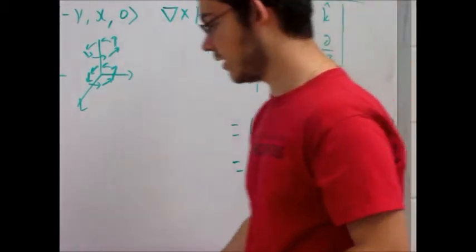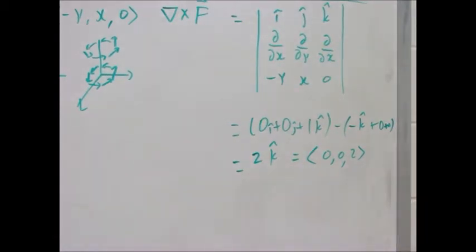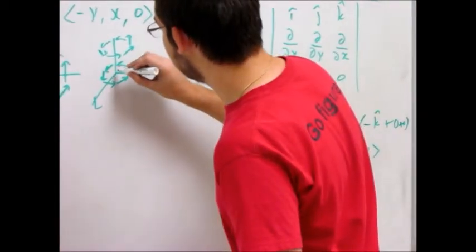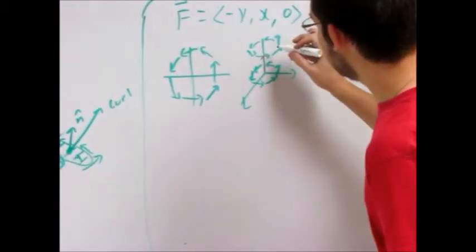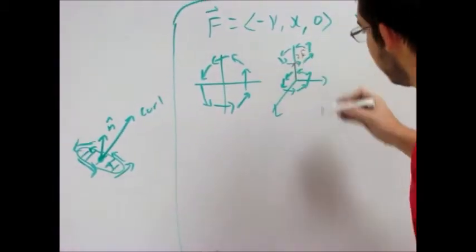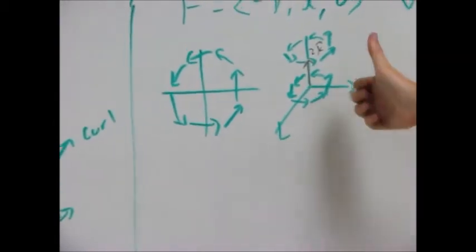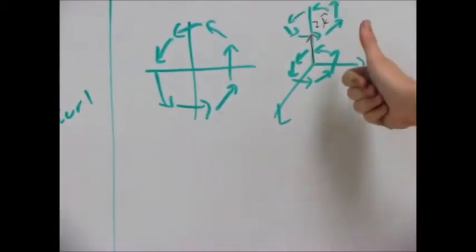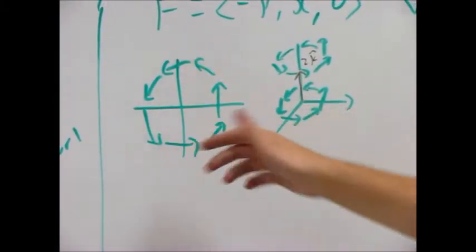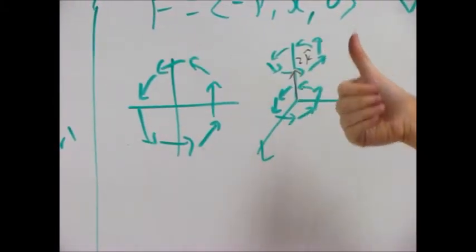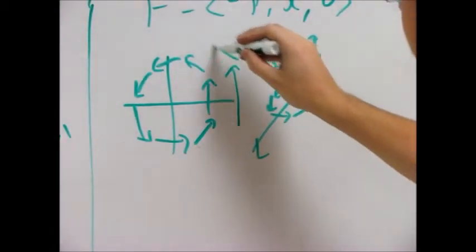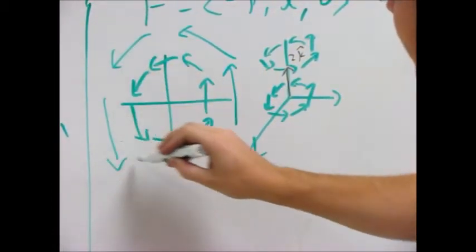And that is the vector that looks like this. It goes straight up, 2k. So, just like we predicted, really, because we know it curls around, so it just goes like this. In fact, that's everywhere, because this is even bigger as we get further away.